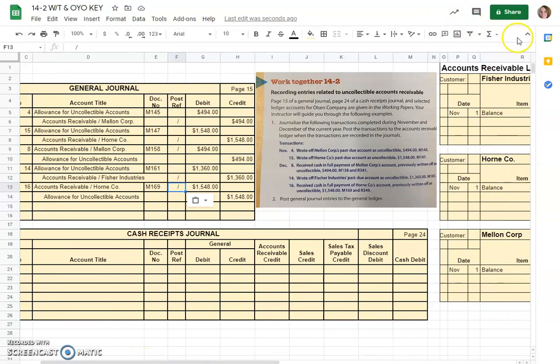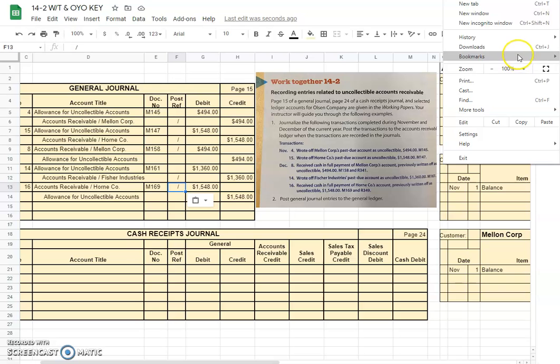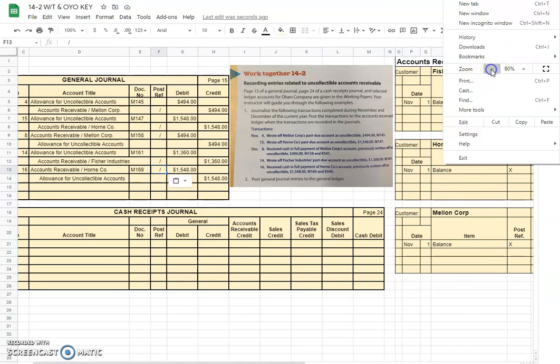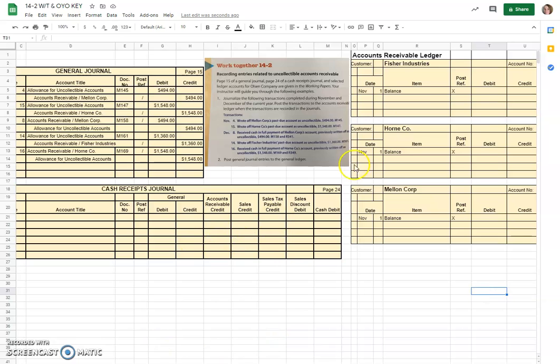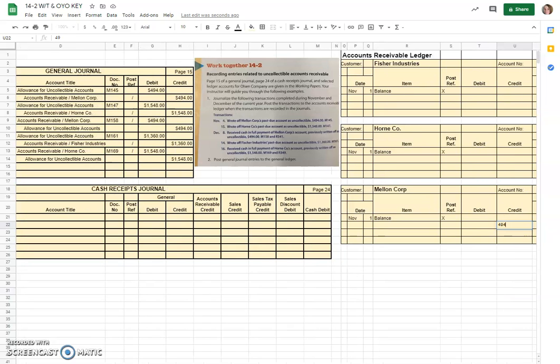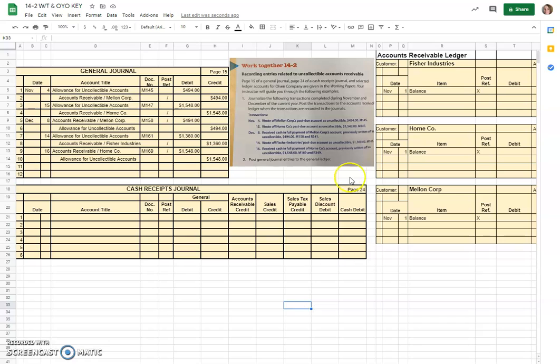And maybe I can change my view a little. There we go. So now the first one is Mellon Corp, $494 credit. So here's Mellon Corp, $494. And this one was on what day? The 4th.